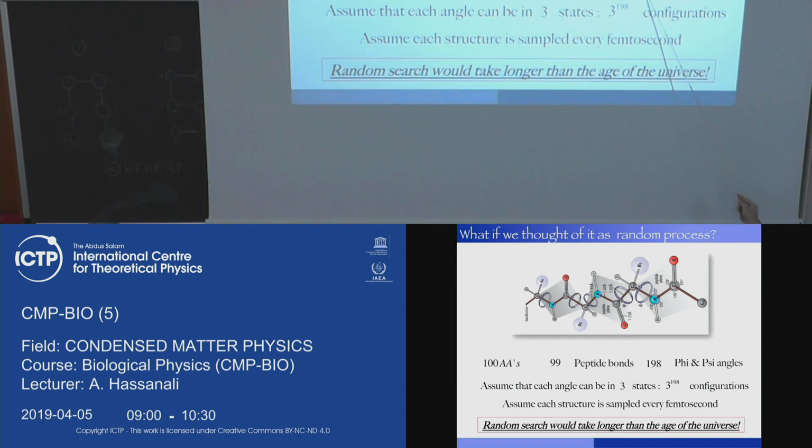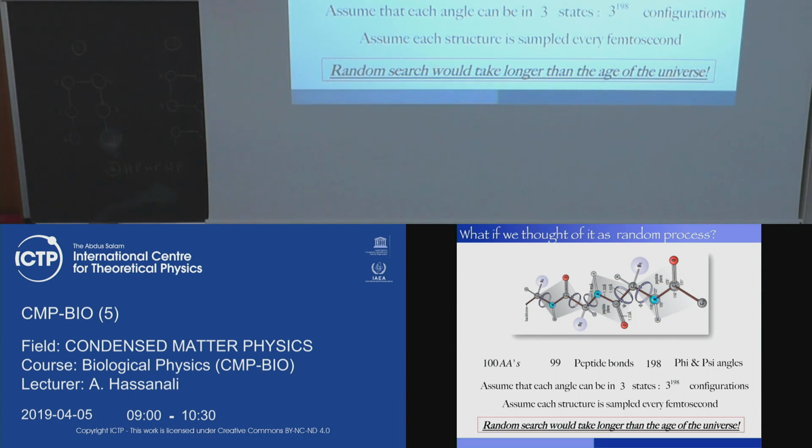For each peptide bond, I have a phi and a psi, the two dihedral angles. If I assume that each angle can be in 3 states, there are this many configurations, and if each is sampled, even in 1 femtosecond, you're never ever going to find the folded structure of a protein.